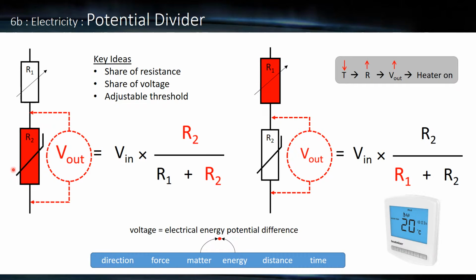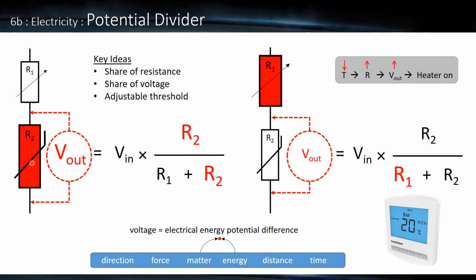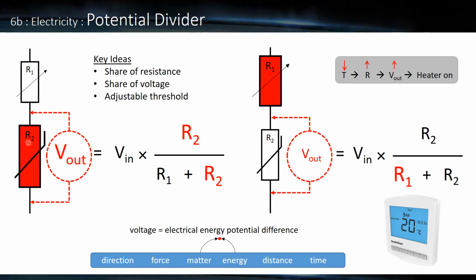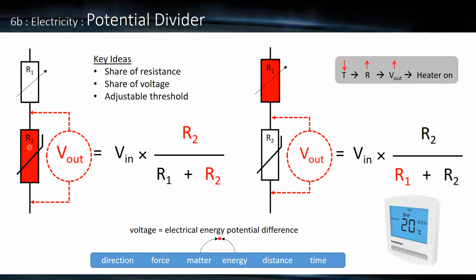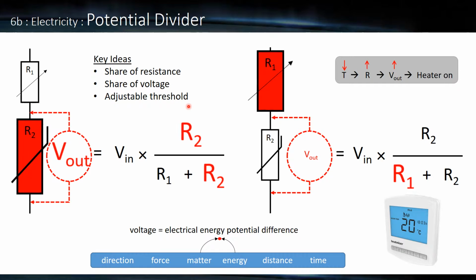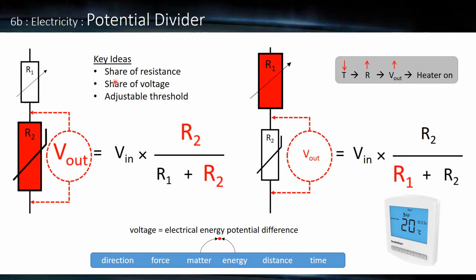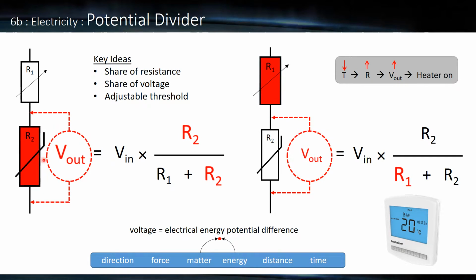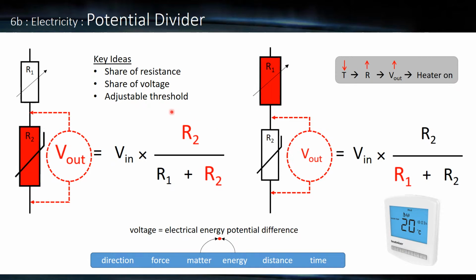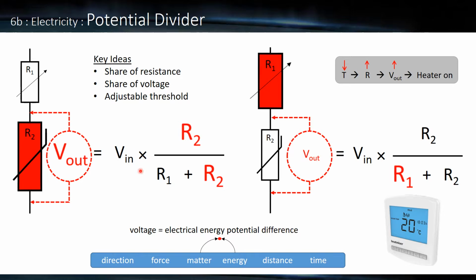So here we've got the lower resistance. In this case our example is a thermistor, but it could be any kind of resistor, is increasing. Obviously it doesn't really increase and decrease in size, but it just tries to make it vivid for us. Now our key concepts here are share of resistance, share of voltage, and adjustable threshold. So as this changes, its share of resistance changes, and this little term here allows us to see this.